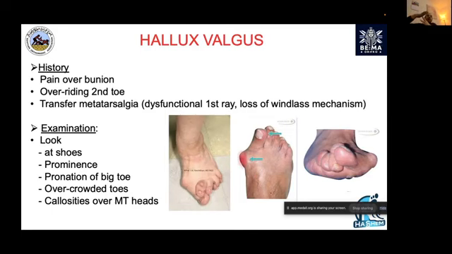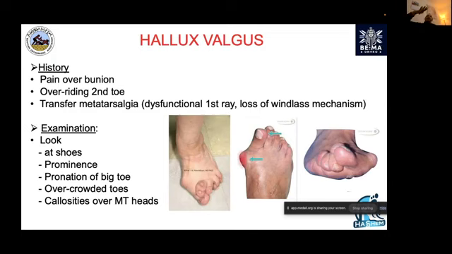This is called transfer metatarsalgia, because weight has been transferred from where it naturally is, the first metatarsal, to the second, third, and fourth, which are not naturally loaded. This is when metatarsalgia, or pain under the metatarsal heads, happens. So the patient will come complaining either from the bunion itself, hot, red, tender, swollen, or from transfer metatarsalgia.